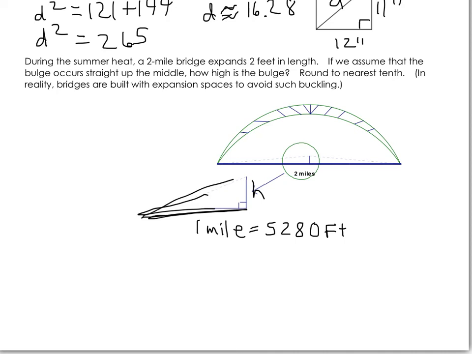Now, the hypotenuse of this triangle is the road where it has expanded and is pushing upward. This part of the road was originally 1 mile long, 5,280 feet. If the whole bridge expanded by 2 feet, then half the bridge expanded by 1 foot. So this hypotenuse is not 5,280.